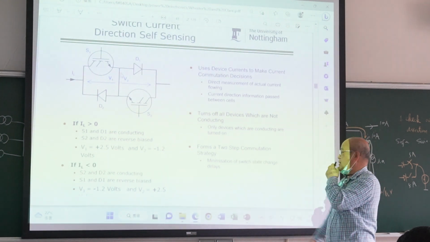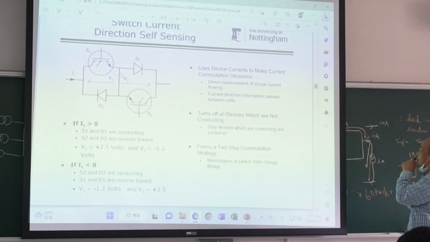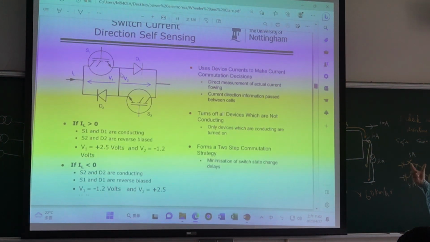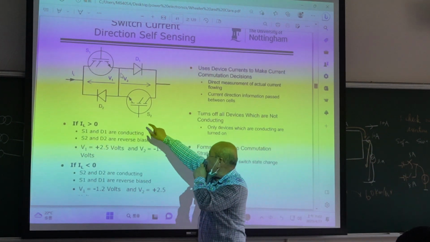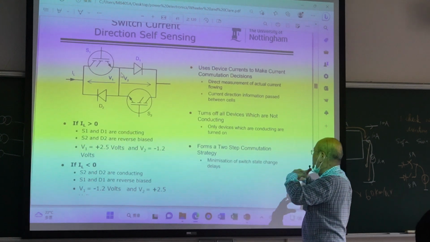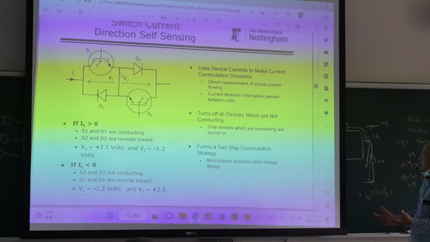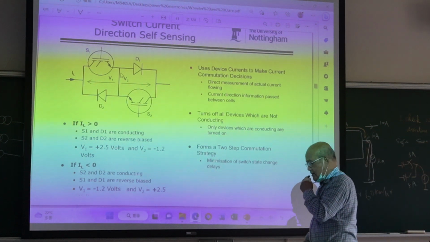So this is another way. We also can design an integrated circuit to detect this current. Then we use the IC to replace the Hall sensor. So it is another way.